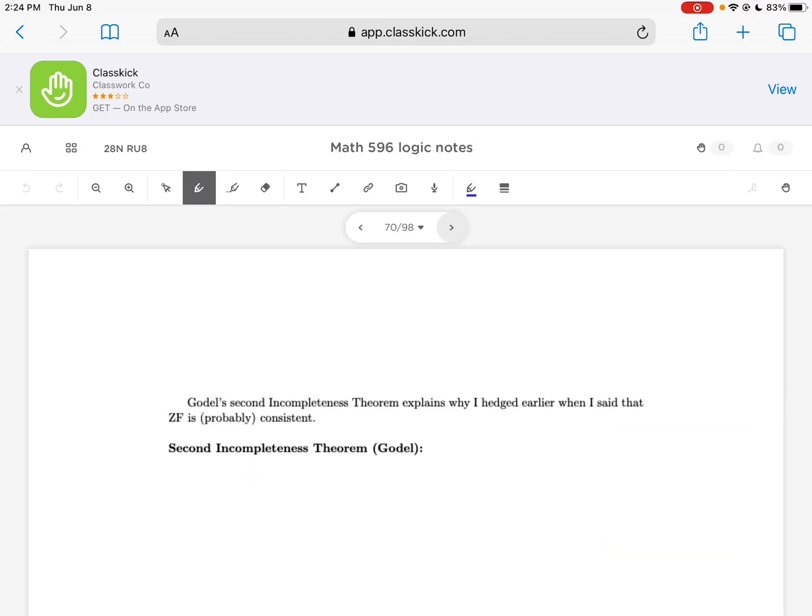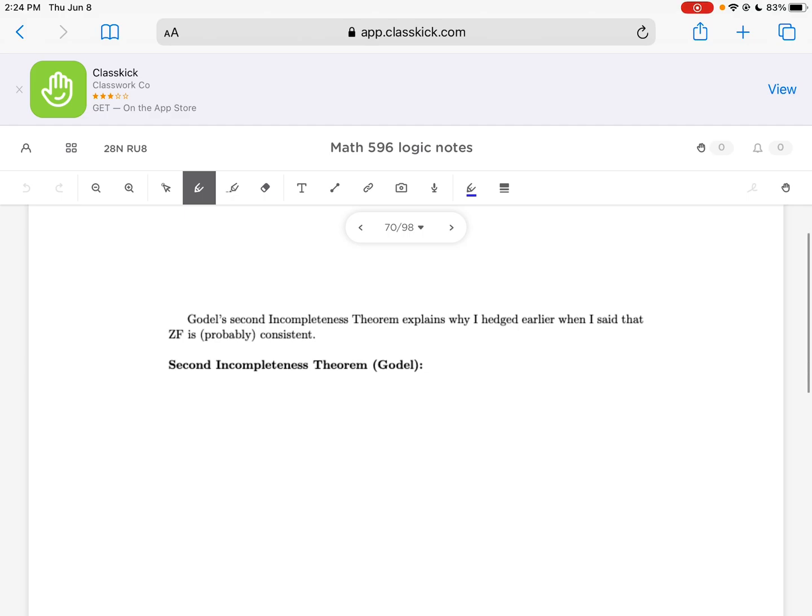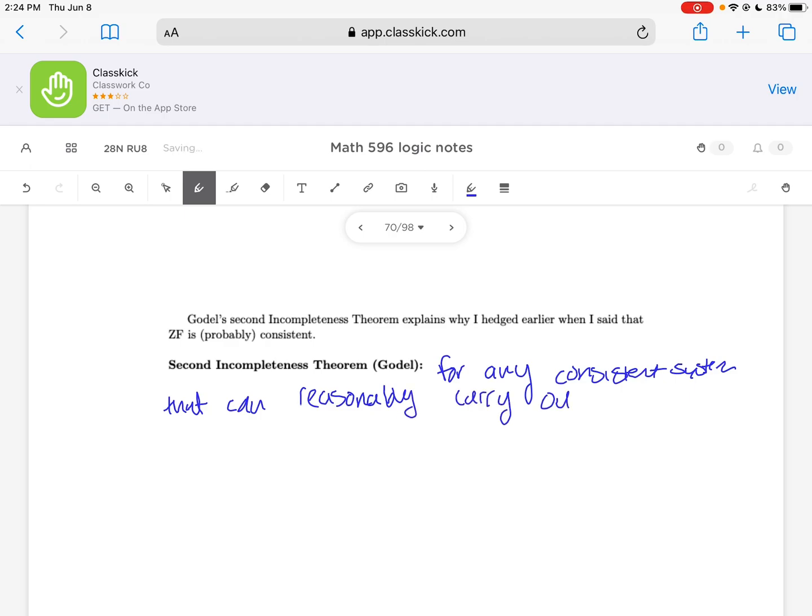In fact, Gödel had a second incompleteness theorem, which explains why, earlier, I said that ZF is probably consistent. His second incompleteness theorem stated that for any consistent system that can reasonably carry out arithmetic, that system itself cannot prove its own consistency.